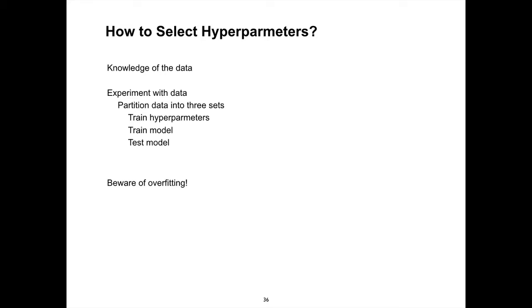We can experiment with the data, but now you have to be careful. Here's where you may want to partition your data set into 3 pieces. One piece to use to sort of train your hyperparameters, and another piece to train the model, and another one to test the model.